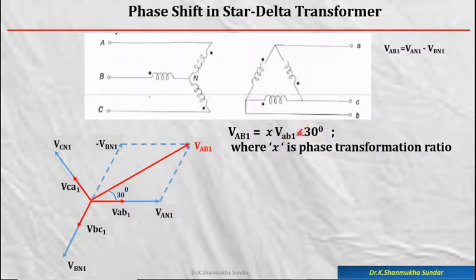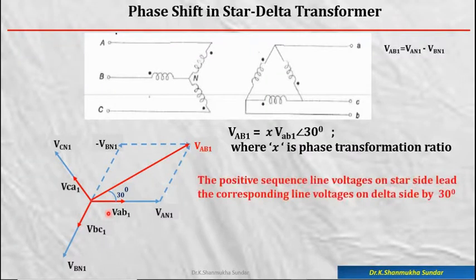So it is represented by Vab1 at an angle of 30 degrees multiplied with X, where X is the phase transformation ratio. This is a relation we have obtained from this vectorial diagram, that is, the star side component is leading with respect to the delta side components.